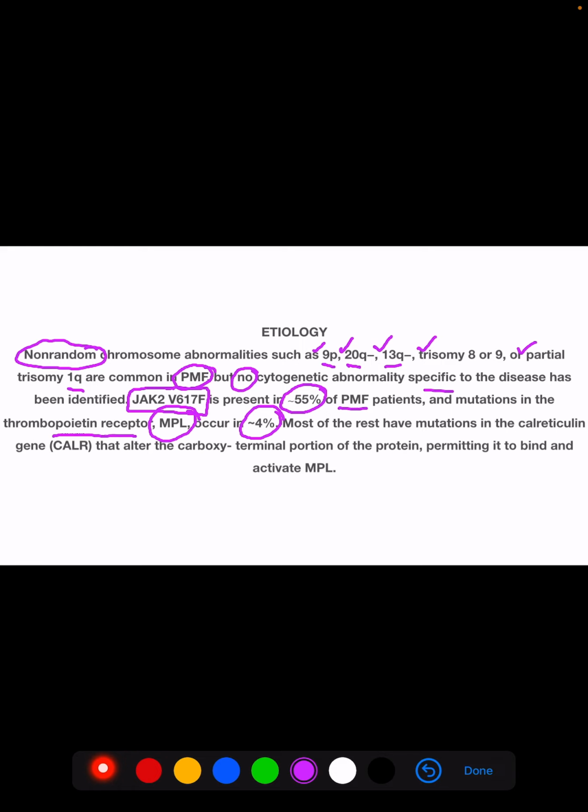Most of the rest have mutations in the calreticulin gene. This alters the carboxy terminal portion of the protein, permitting it to bind and activate MPL, the thrombopoietin receptor.